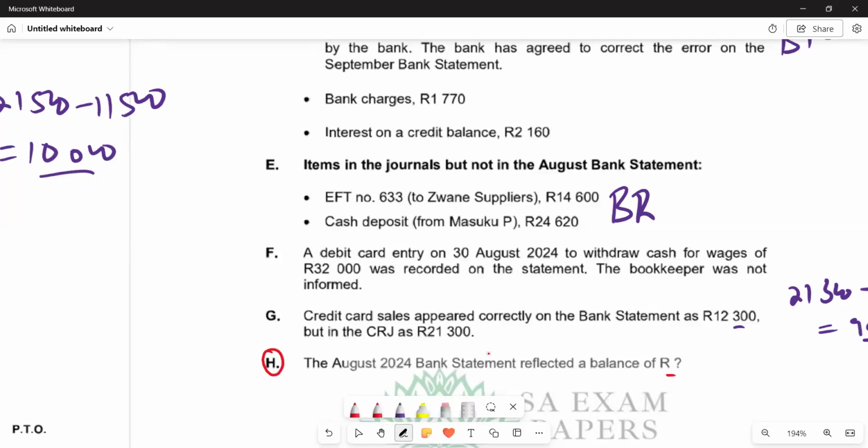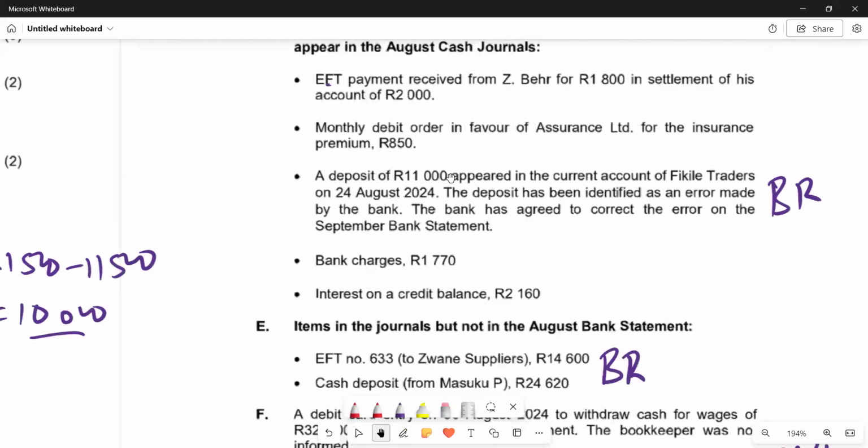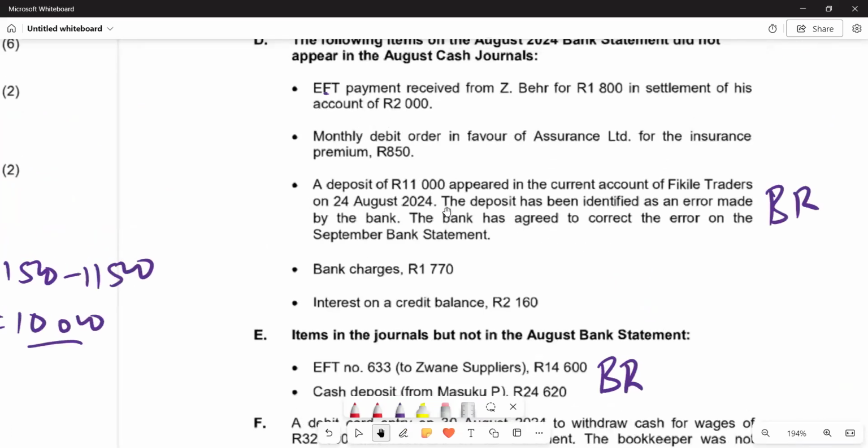And then from there, we now look at adjustments that are affecting our bank reconciliation. If you come here, you would see that we have a deposit of 11,000, which appeared in the current account of Fikile Traders on 24 August 2024. The deposit has not been identified. It has been identified as an error made by the bank. The bank has agreed to correct the error on the September bank statement.